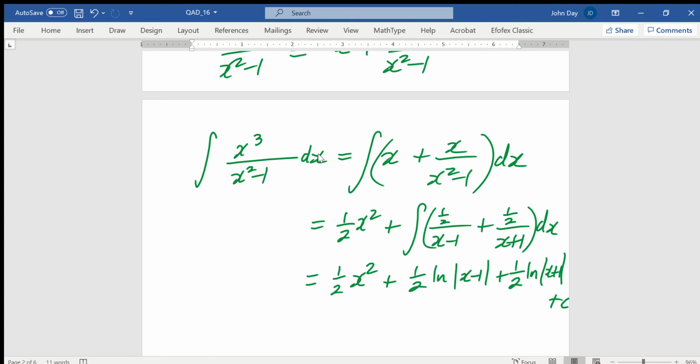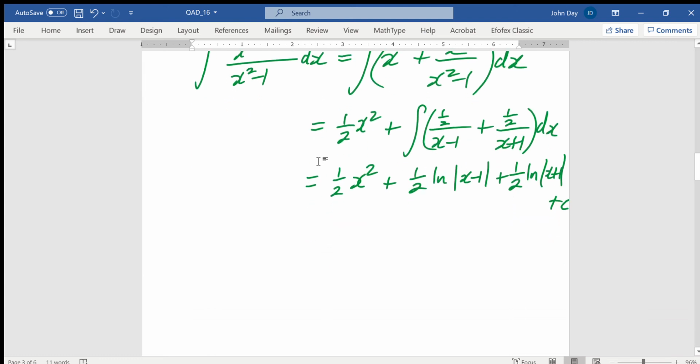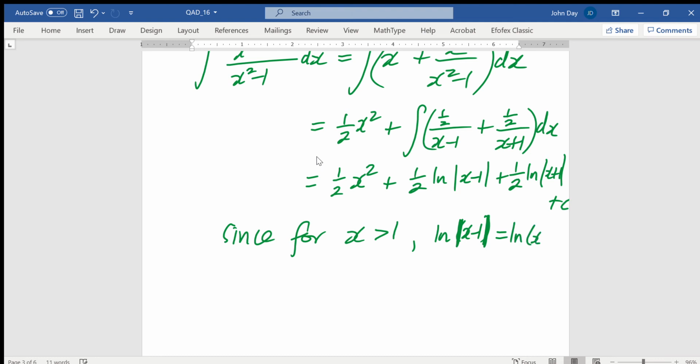Now, I just want to talk about the absolute value situation. Since it's for x bigger than 1, then natural log of the absolute value of x minus 1 is equal to natural log of just x minus 1, because x minus 1 is bigger than 0.